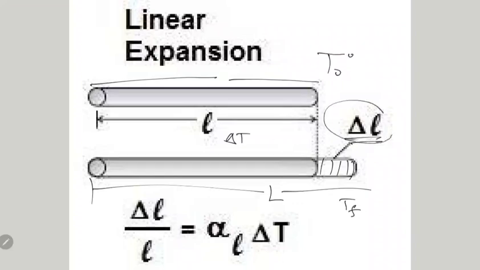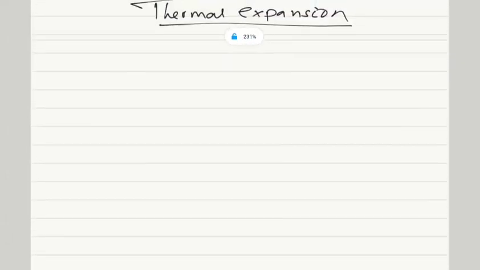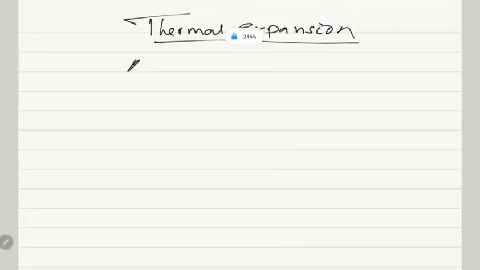Now, what are the major factors that affect the change in length you get due to heating? Activities show that the change in length due to heating, delta L, is directly proportional to the length at the colder temperature.